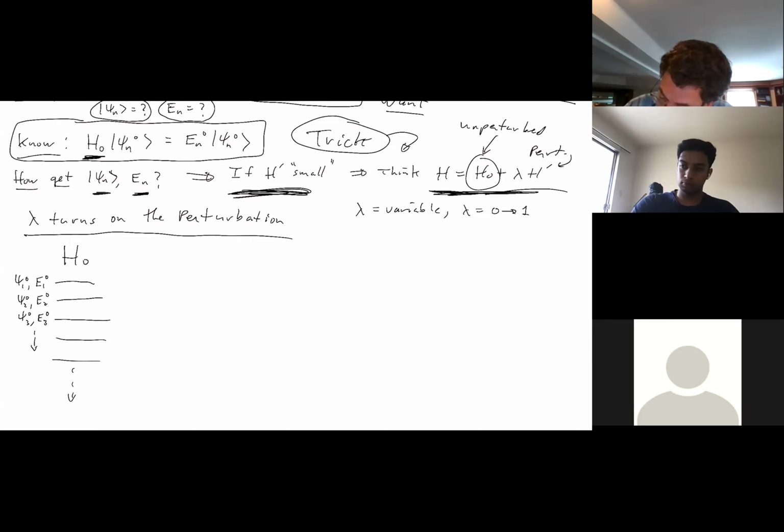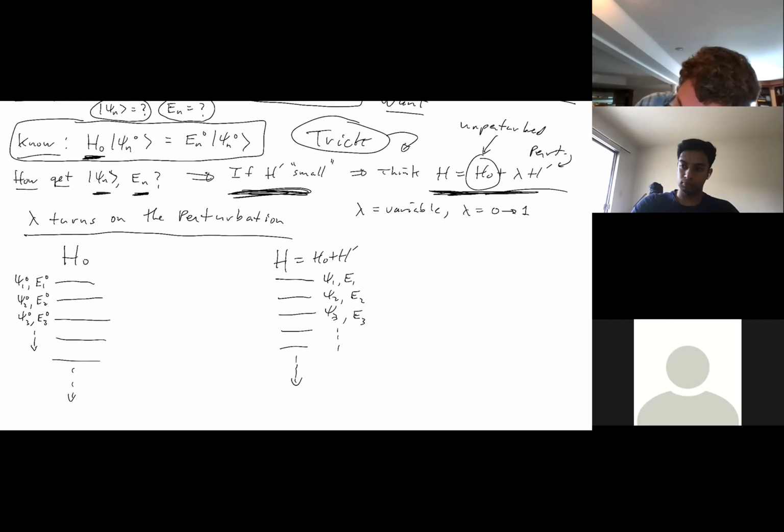I have this new Hamiltonian, H. And H is equal to H naught plus H prime. It's a new Hamiltonian, and it has all its levels. The ones I don't know, and they're named psi 1, E1, psi 2, E2, psi 3, E3, etc.